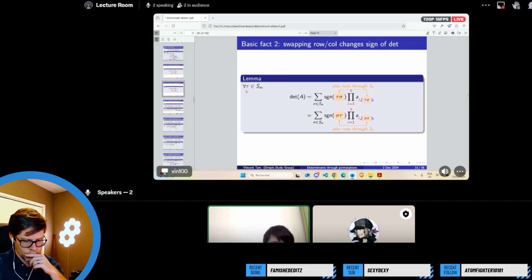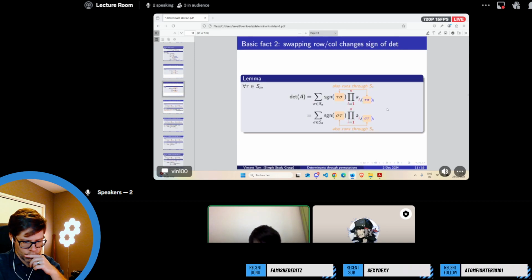We have a tau that is fixed, and if we apply it in front of this sigma, which is the index on which we take the summation, either before or after, it won't change the determinant itself.